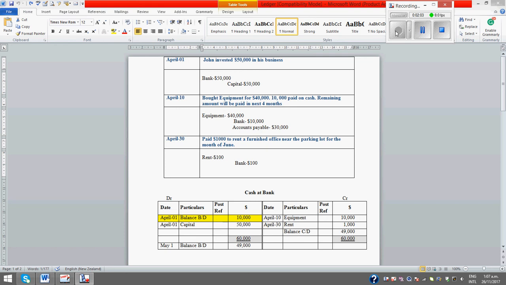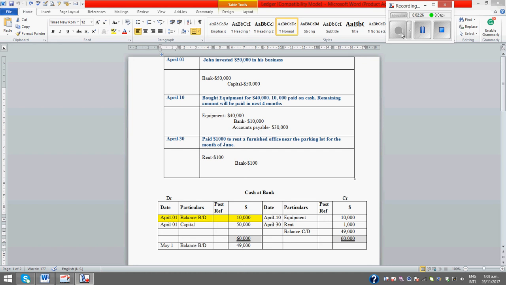So let's prepare a bank account or cash at bank account. Over here we can see April, 1st of April, balance BD, which means brought down, $10,000. So this $10,000 is brought down from last month.